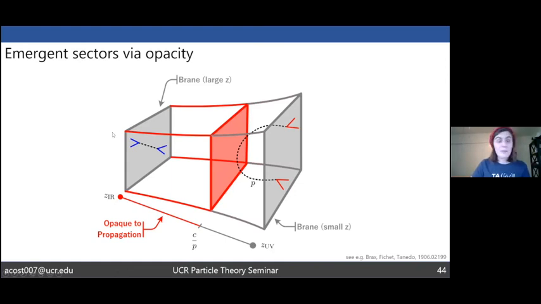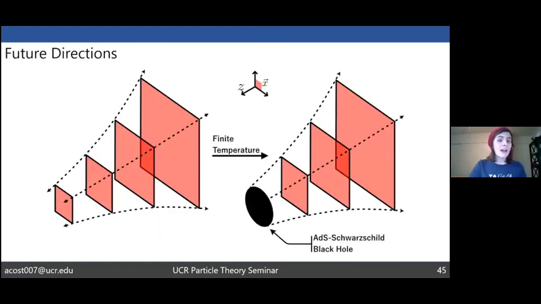So, some possible future directions for opacity. It's well known that at finite temperature there is a phase transition where AdS at low temperatures becomes AdS Schwarzschild, with a black hole in the large z region, which is typically the region that is opaque to propagation.